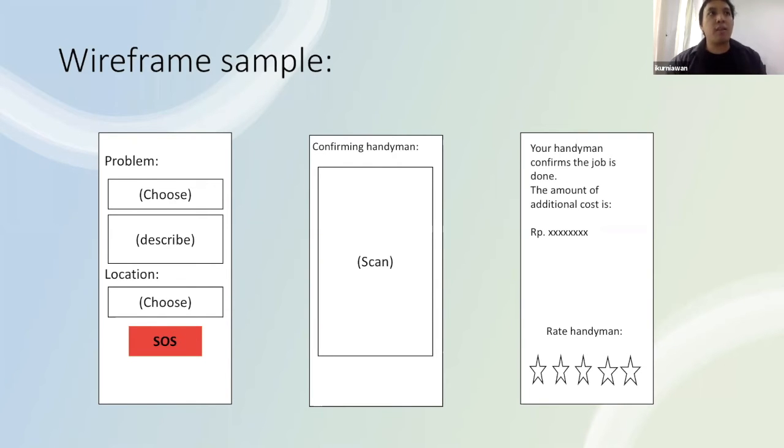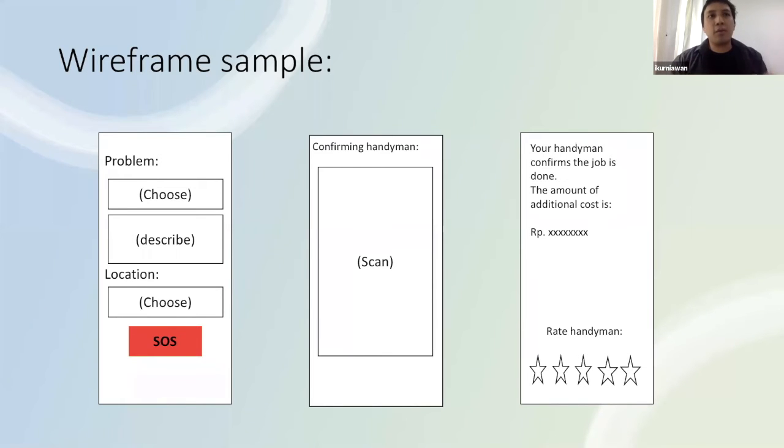You can discuss it within the group, and then some description about the problem, additional description, and about the location. After the user fills in this information, just click the SOS button, and that's it for the first wireframe.